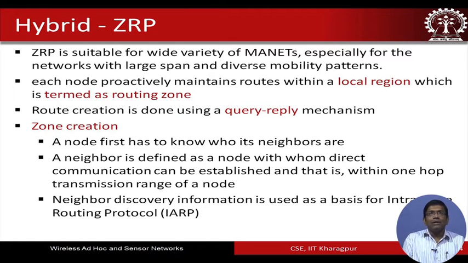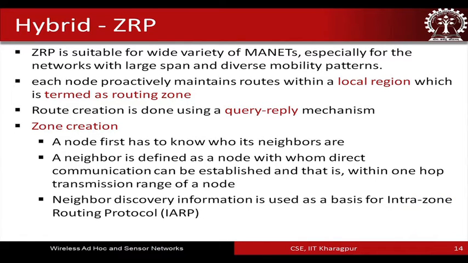Another hybrid routing protocol is ZRP, zone based routing protocol. As the name suggests, in this particular case the protocol creates different zones. Each zone proactively maintains the routes within a local region, which is termed the routing zone, and route creation is done using a query-reply kind of mechanism like we have seen in the case of AODV.